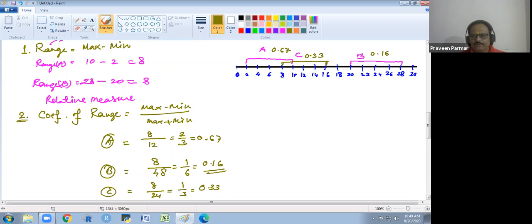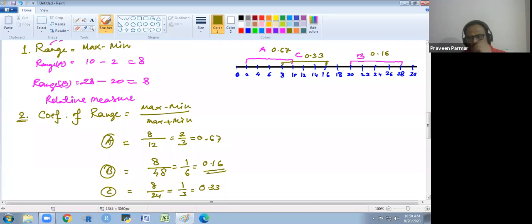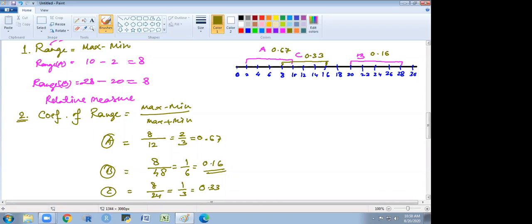Can you conclude, sir? Yes, sir. The average dispersion of B is the smallest among all three, then C, and the largest average dispersion is in data set A. So can you correlate this with the data values? Yes, sir. If the coefficient is small, that means the data values are larger.